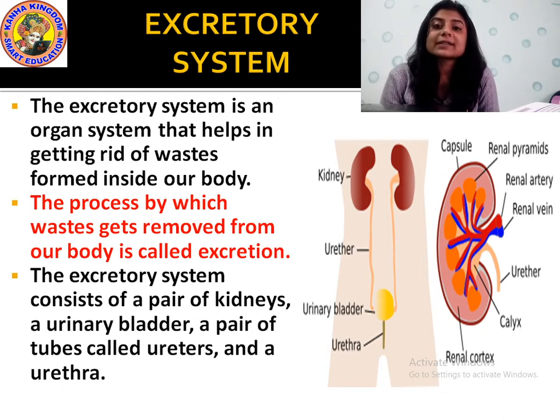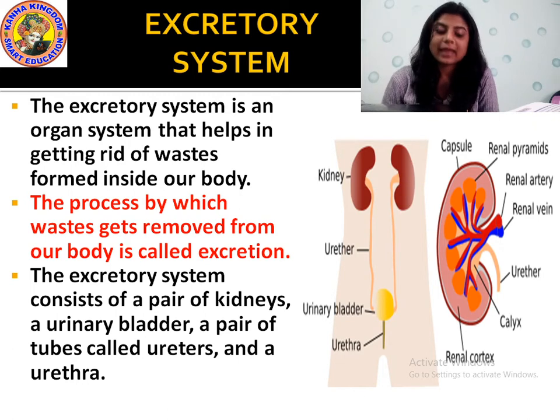Now, what is excretion? What do you mean by excretion? E-X-C-R-E-T-I-O-N. The process by which the waste gets removed from our body is called excretion. Excretion is the process by which the waste products from our body get excreted.